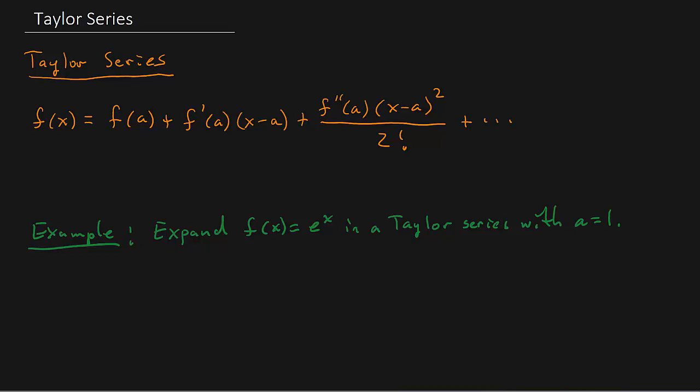But now we have another kind of series, which is a Taylor series, that we can find for values that are not close to 0.